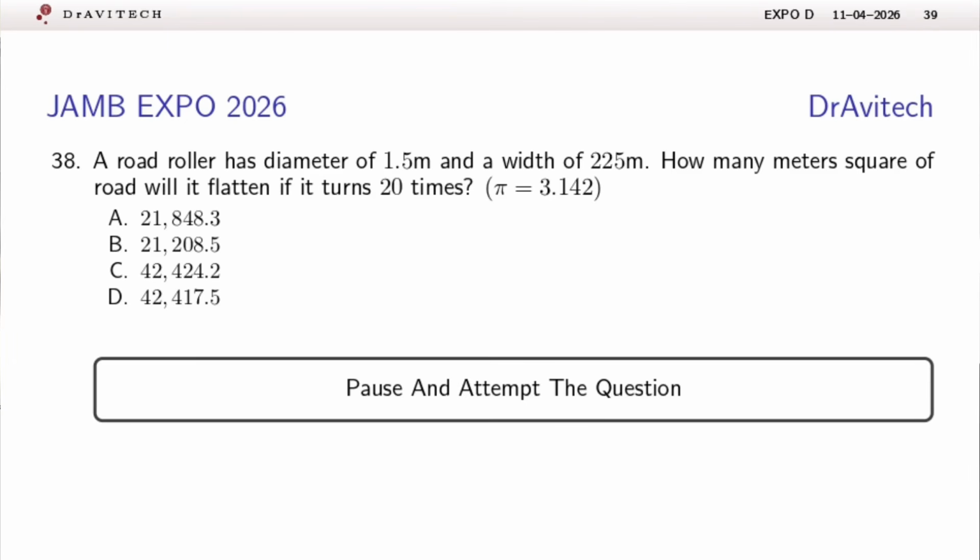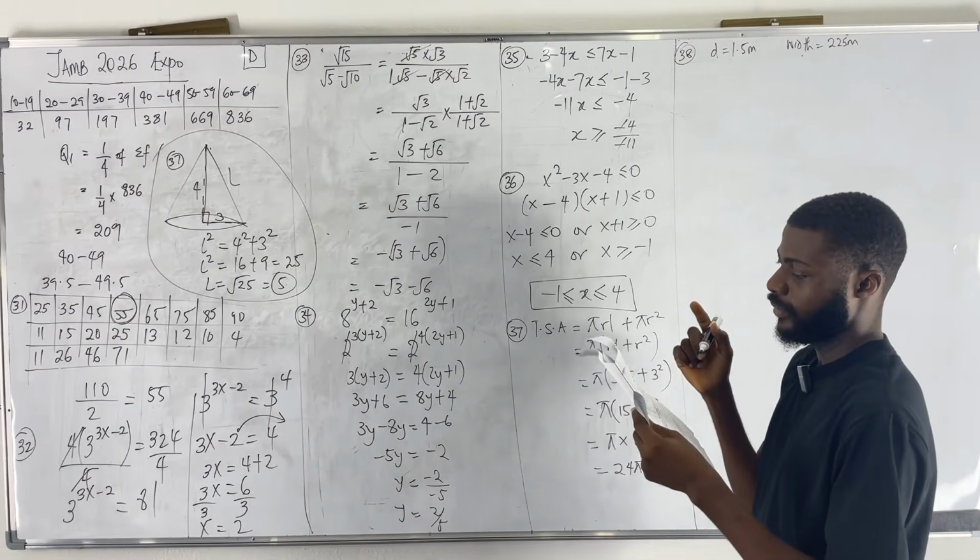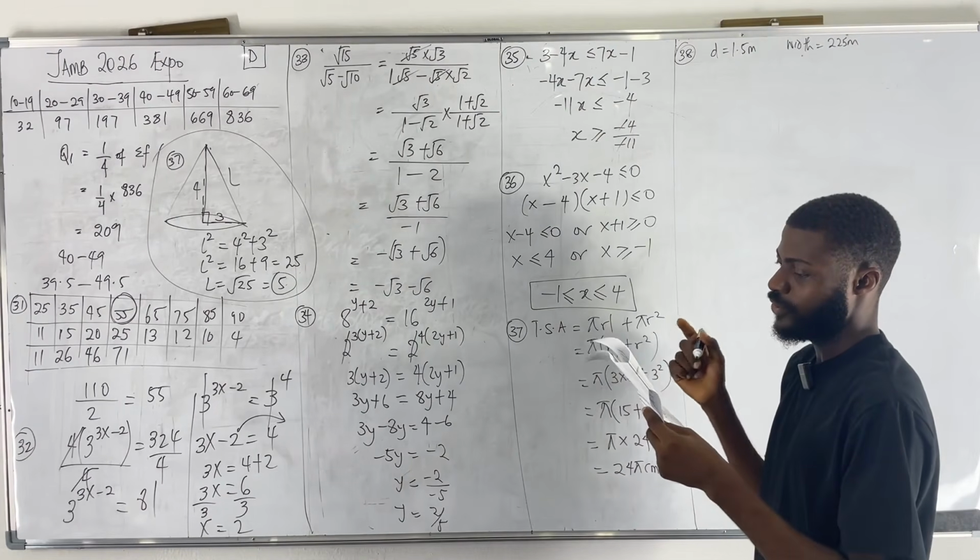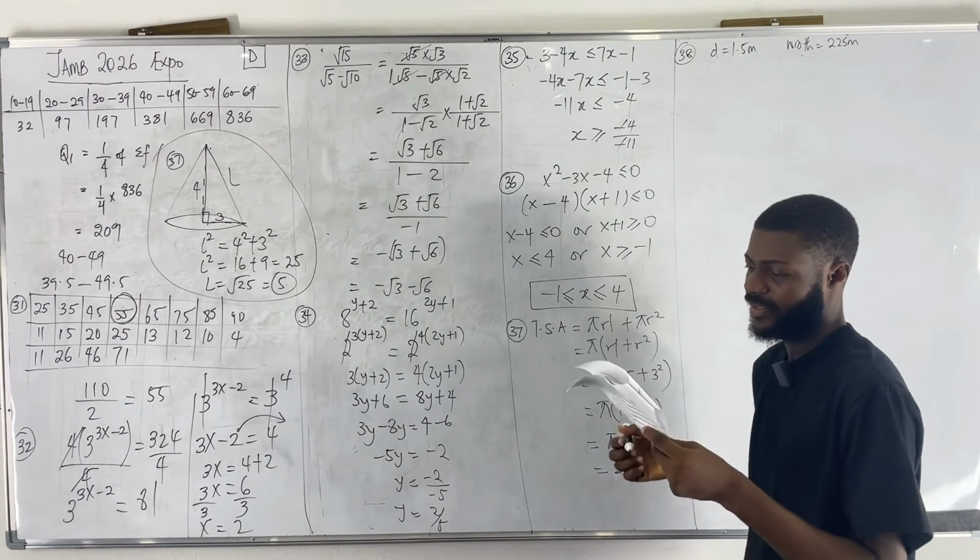Question 38 says, a roller has a diameter of 1.5 meters, so the diameter is 1.5 meters, and a width of 225 meters. So the width is 225 meters. How many meters square of road will it flatten if it turns 20 times?